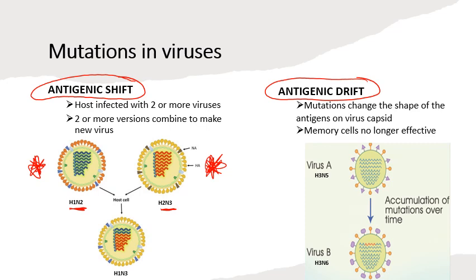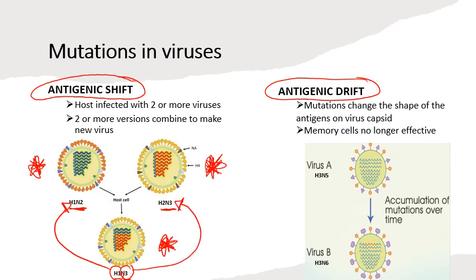So we can see this third virus particle down the bottom here, H1N3. It actually contains DNA or RNA from the first and the second virus. So it's a hybrid. It's able to produce the antigen H1, which came from the first virus over here, but it's also able to produce the antigen N3, which came from the second virus over here.